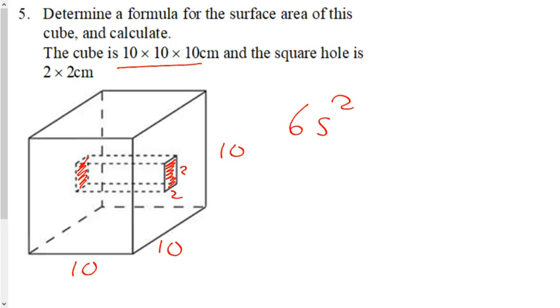How do I write 2 missing squares mathematically? Minus 2s squared. That's minusing 2 squares. But inside, there's a hole, and we have these rectangles. How many of those rectangles exist inside that hole? 4 of them. How do we say adding 4 rectangles?